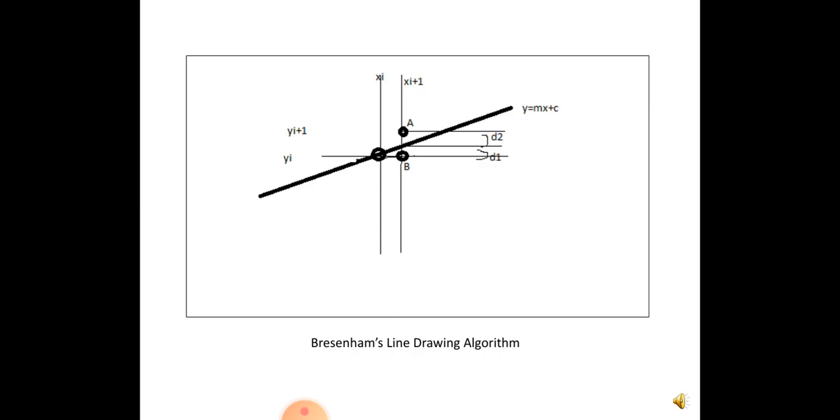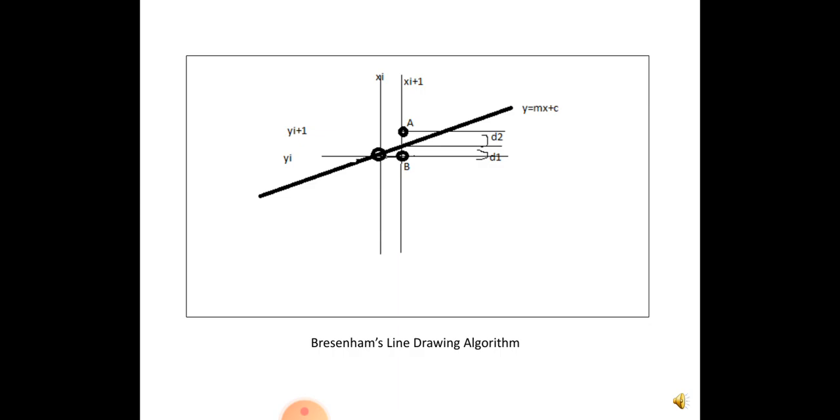We are repeating this step. Which step? Finding the x coordinate and finding the y coordinate. From the current x value and current y value, we are supposed to find the next x value and next y value.